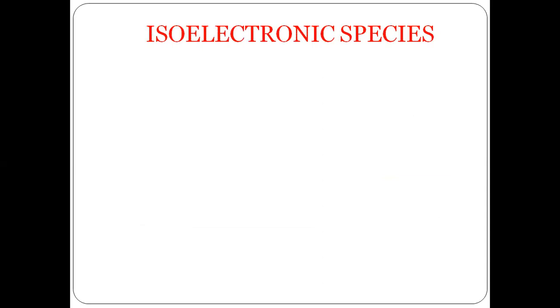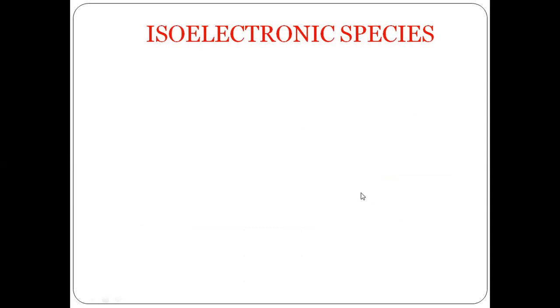Coming to a similar topic in atomic and ionic radii, which is isoelectronic species. So what are isoelectronic species? They can be any species, an atom or a cation or an anion, which have the same number of electrons. Iso means same or constant, and electronic comes from electron. So isoelectronic means having the same number of electrons.